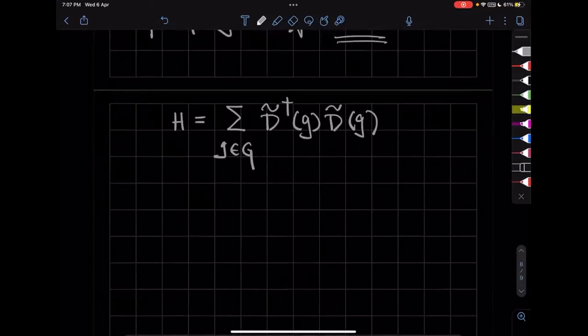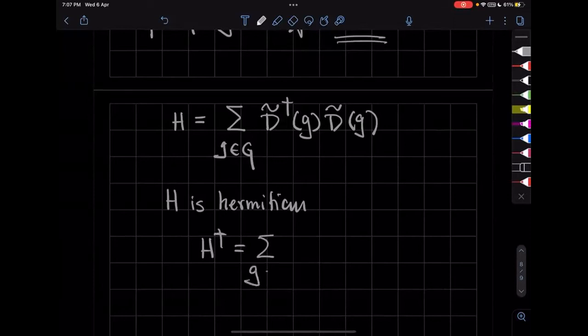Now, it should be obvious that H is Hermitian. Because if I take H dagger, of course, taking the adjoint, the dagger, the Hermitian conjugation commutes with the sum. So what is capital H? We are defining capital H to be this thing.